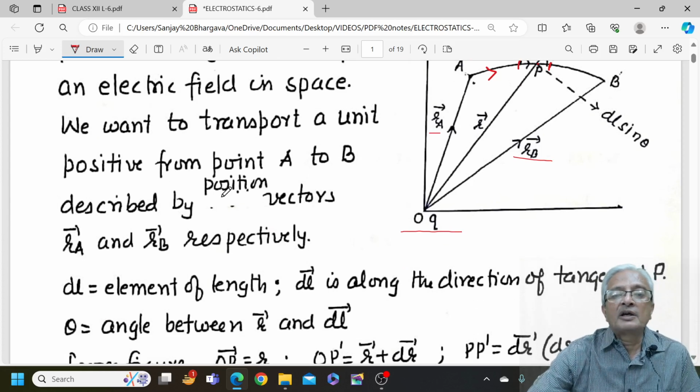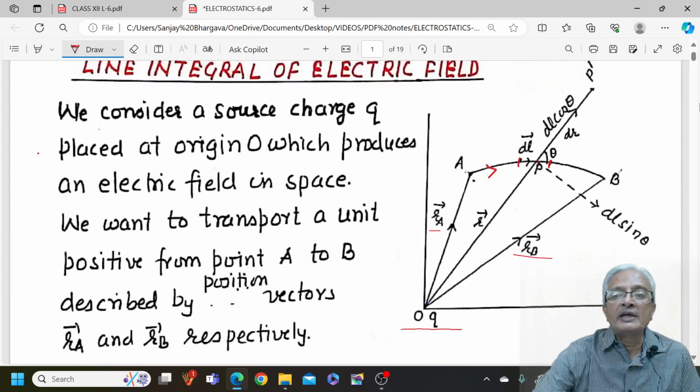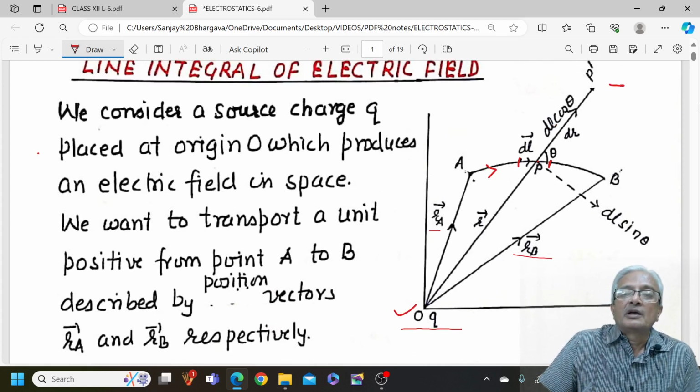Now in the figure, the distance OP dash, that is from O to P dash, it can be made as OP plus PP dash. Now the distance OP is equal to R and the distance PP dash by the resolution of dl vector is obtained as dl cos theta.